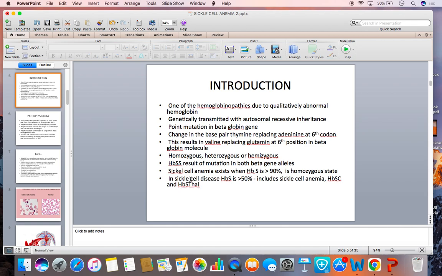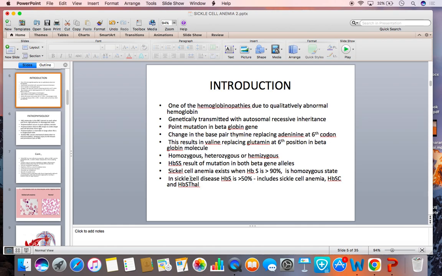That means sickle cell disease includes sickle cell anemia in the homozygous state, sickle cell with HbC disease, that is a combination of HbS and HbC, or HbS with thalassemia.